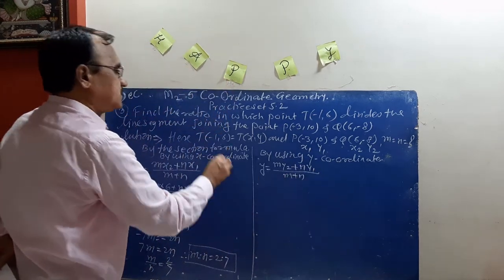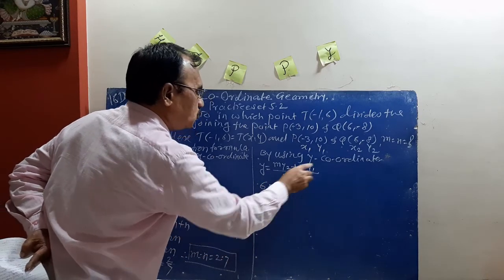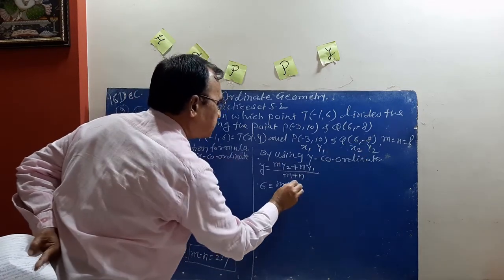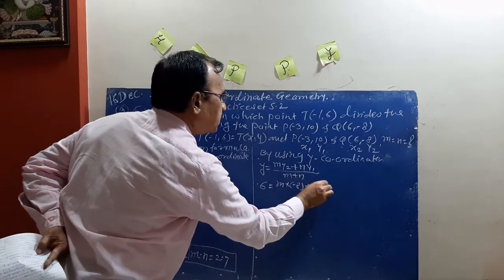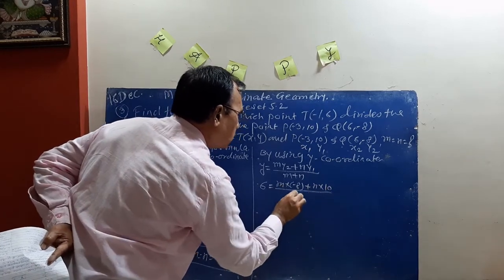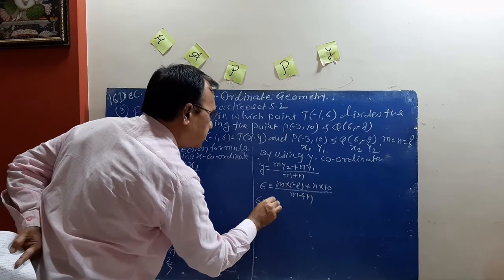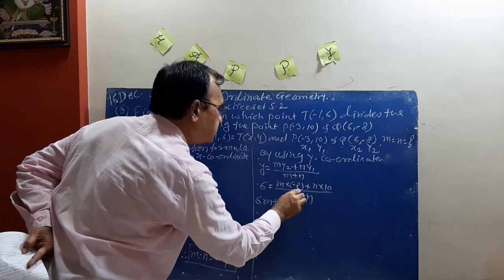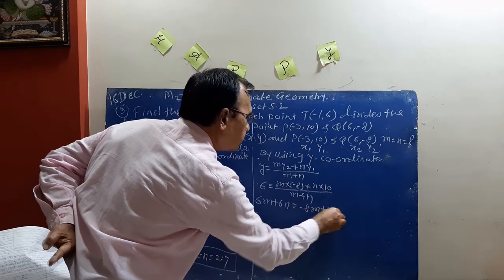The y coordinate is 6. m into y2 is -8 plus n into y1 is 10 upon m plus n. Cross multiplication: 6m plus 6n is equal to -8m plus 10n.